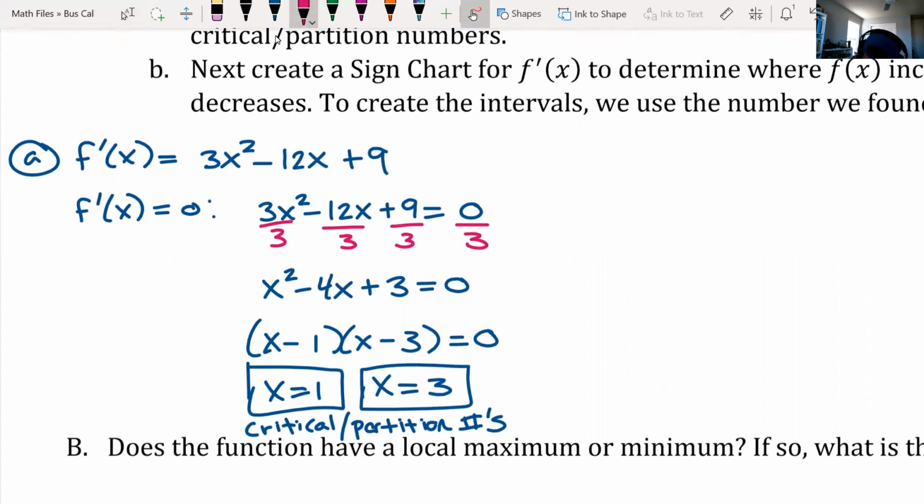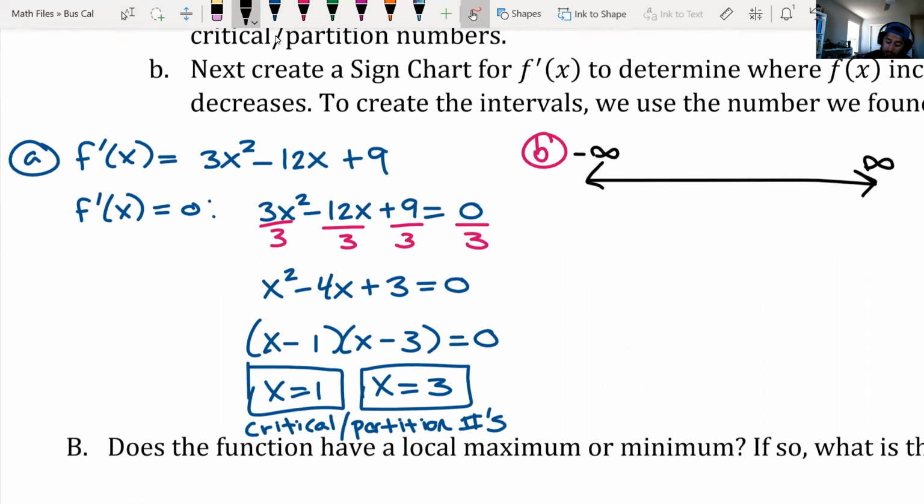Let's see, B. So here, create your sign chart. It goes from -infinity to infinity. And we're going to put our critical numbers on it, our partition numbers. 1 and 3. Okay, I'm going to zoom in.